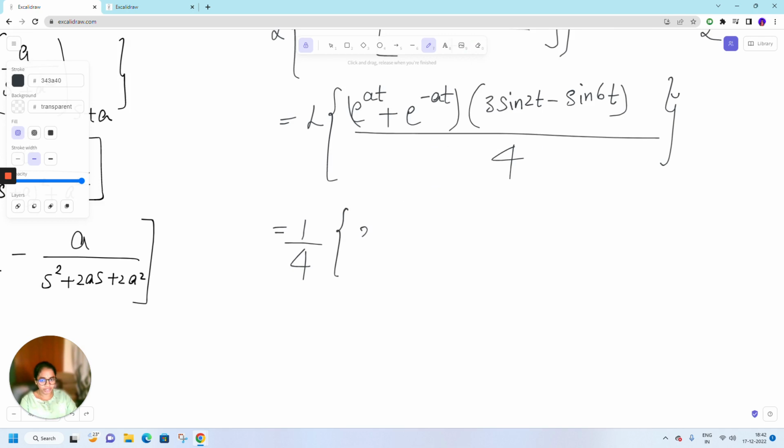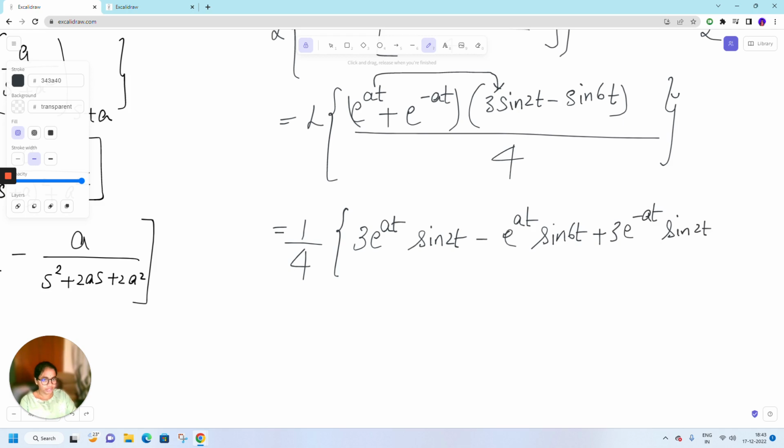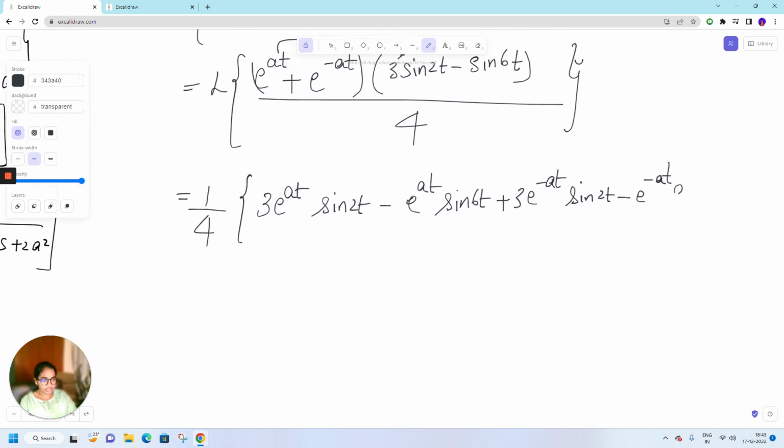Multiplying that, I would get 3 e power at sine 2t minus e power at sine 6t, plus e power minus at 3 sine 2t, minus e power minus at sine 6t.